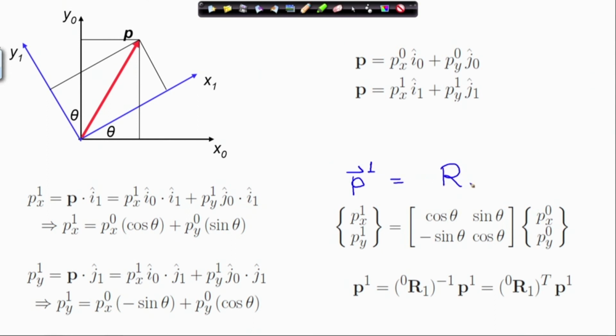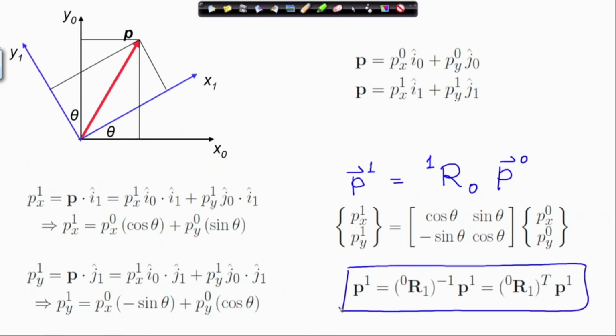So, this must be the rotation matrix that takes me from frame 0 to frame 1, and it must be multiplied by the vector P in frame 0. You can very easily check that R from 0 to 1 is the transpose of R from 1 to 0, and that expression you have here.